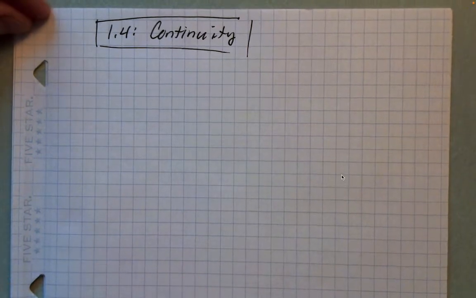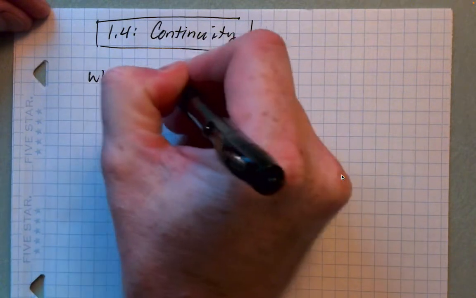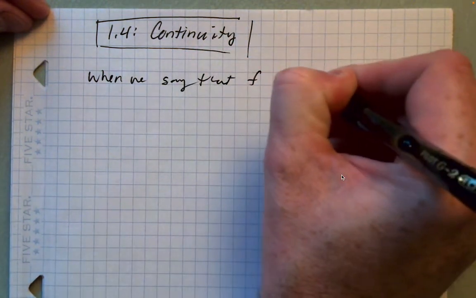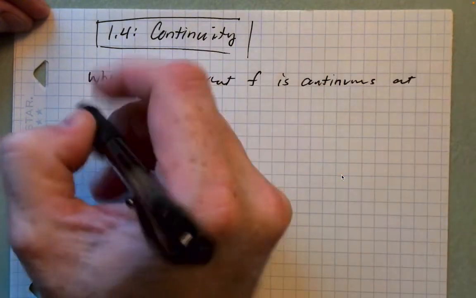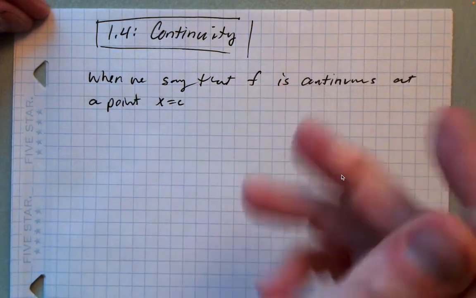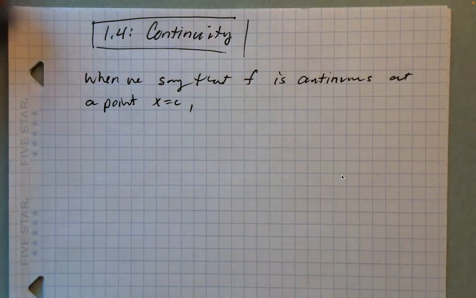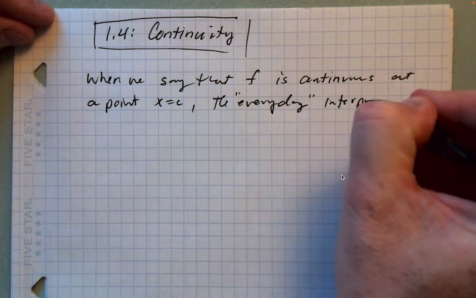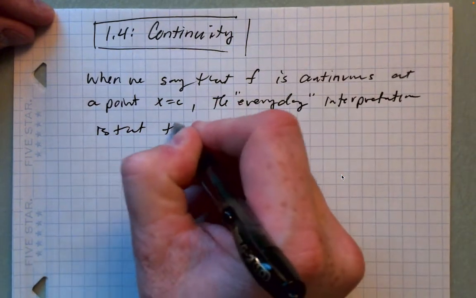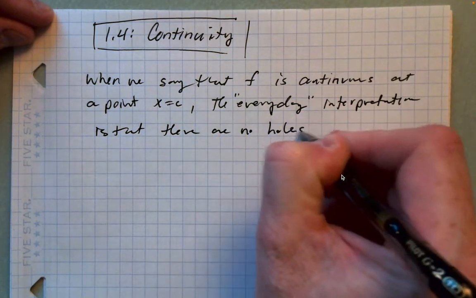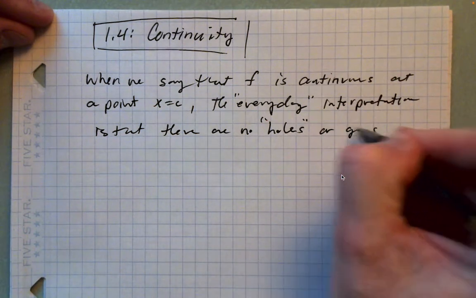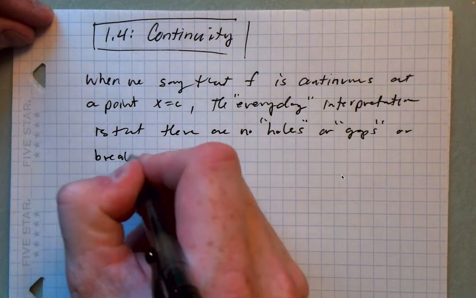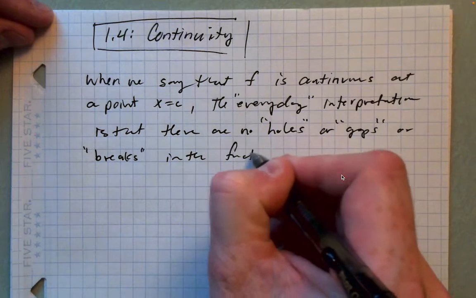When we say that a function is continuous at a point, so when we say that f is continuous at a point x equals c, the everyday interpretation is that there are no holes, and of course that's a loose term, or gaps, or you might even use the word breaks in the function at c.